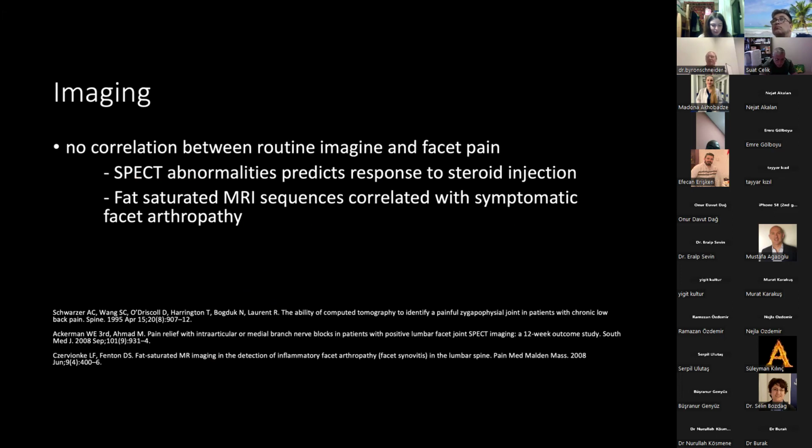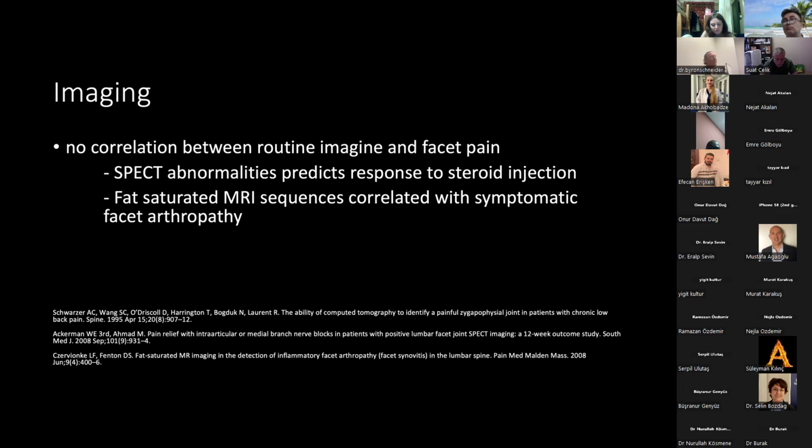Imaging has similar challenges. Everyone that's looked at this comes up with the general conclusion that there's no specific correlation between routine imaging and the presence of facet pain. And that's probably expected, because we know that if you image a bunch of 60 or 70-year-olds, almost all of them are going to show spondylitic degenerative changes in their spine, right?